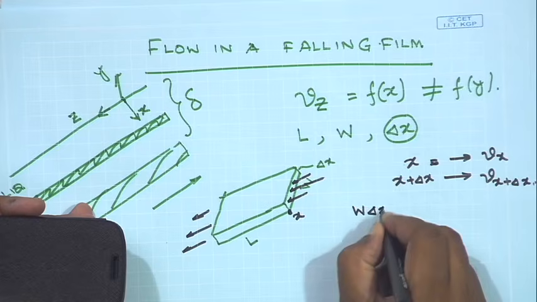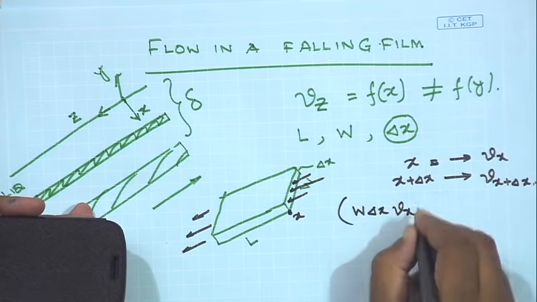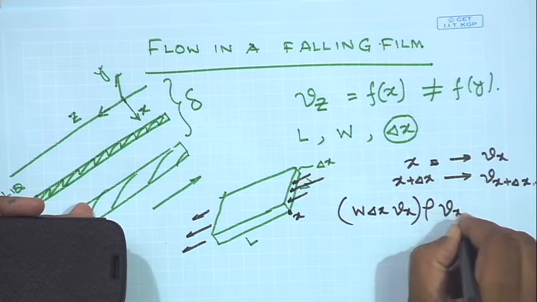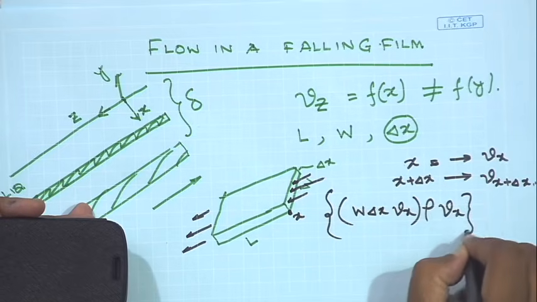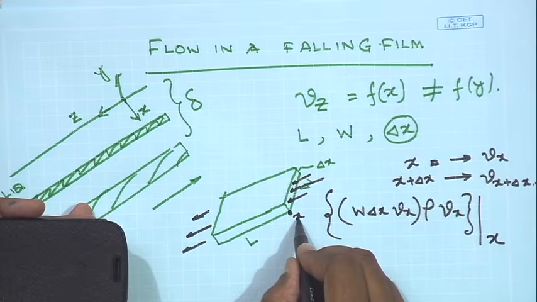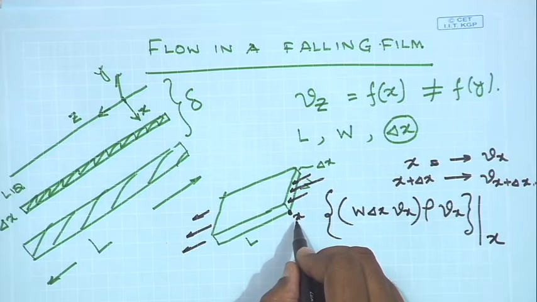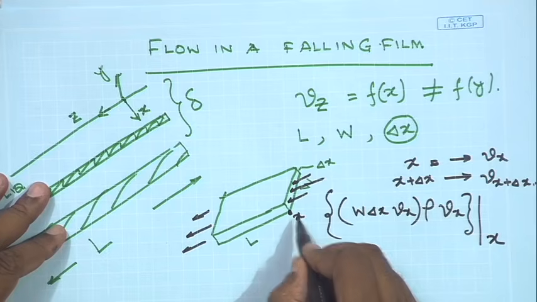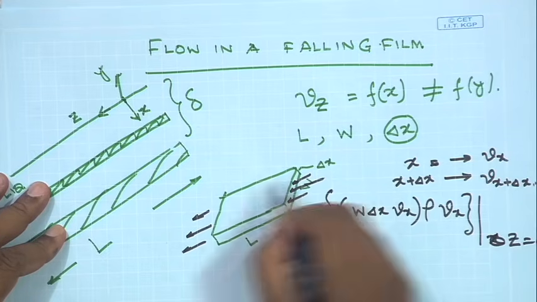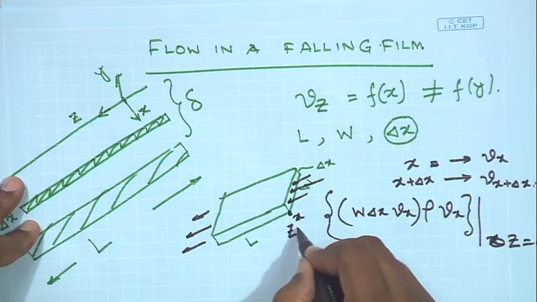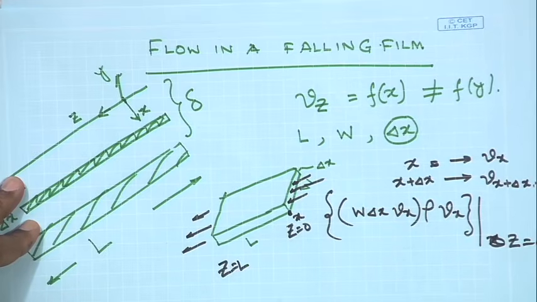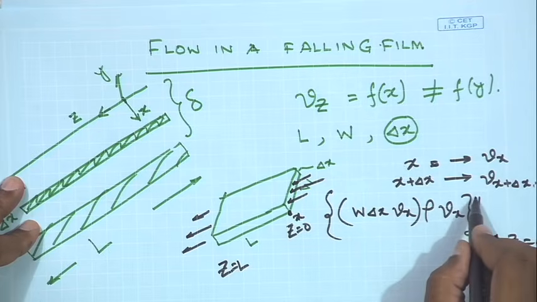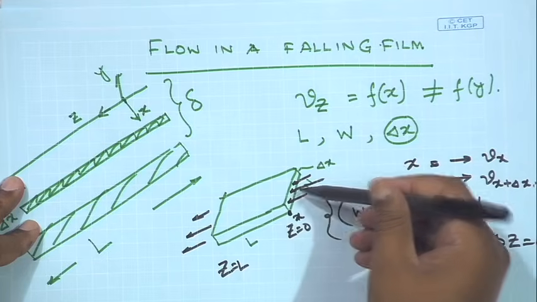So, the rate of momentum coming in through the face would be equal to W delta x times Vx times rho times Vx, and everything here is to be evaluated at the x location, which is this point, at z equals 0. This is z, so this is z equals 0, this is z equals L. So, this is the momentum of the fluid which enters through the face at this point.